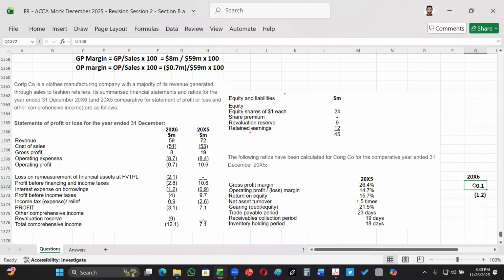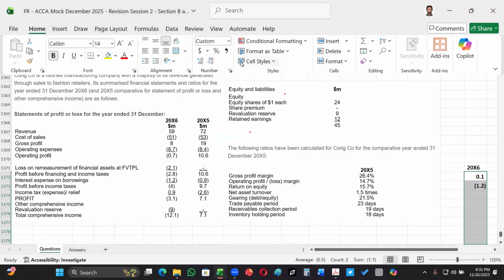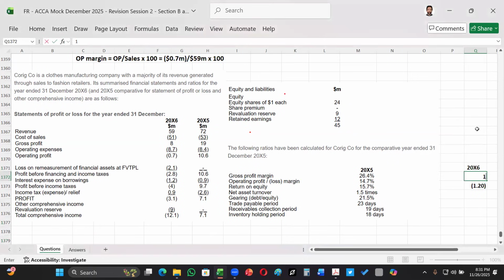This is 13.6%. We can just write it here as 13.6%. Let me just simplify this so that it makes more sense now. That is 13.6%.